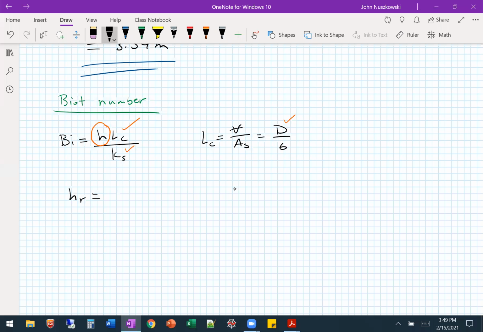And that comes from way back in chapter 1. We saw something that looks like this. So this is equation 1.9.